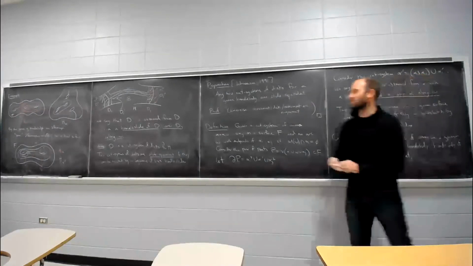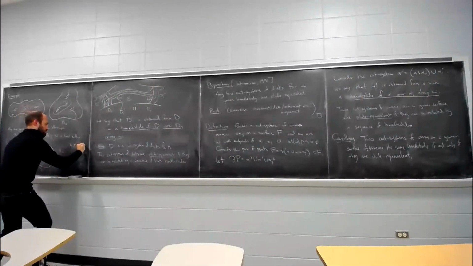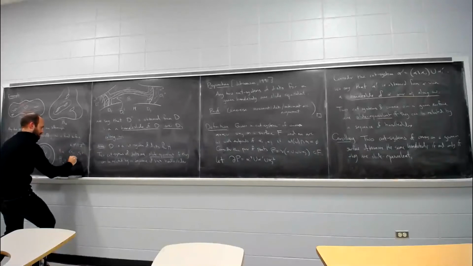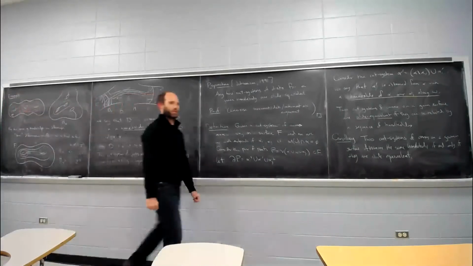H1 of the surface, H1 of F, is Z^2g, and so what you want is for the span of alpha 1 through alpha g to span a half-dimensional subspace. They're integers, so they're not spaces. Yeah, good point. That's a good way to computationally check.